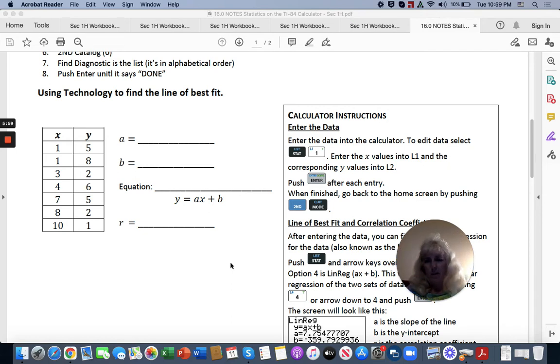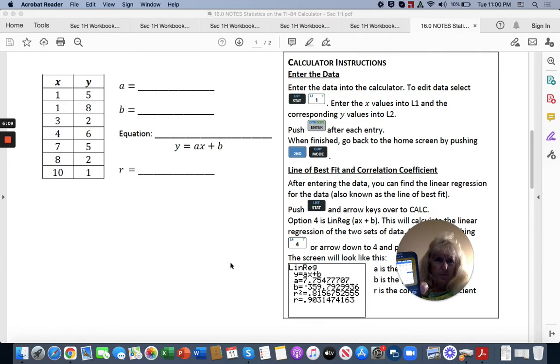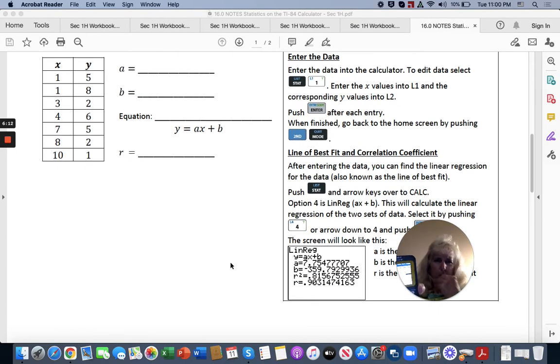I'm just making up numbers: 1, 2, 3, 4, 5. So I put 5 numbers in there. Then we put corresponding Y values into L2, so I go over to L2 and put corresponding numbers.